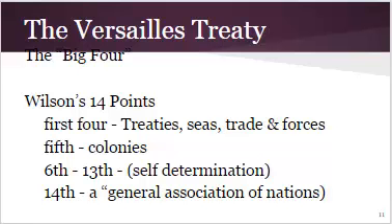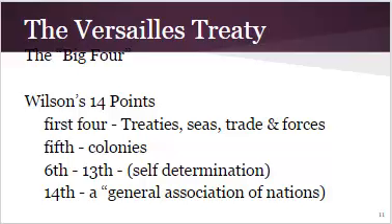So there's a series of treaties that help end the war. There isn't just one. There's several. But the most famous of these treaties is the Versailles Treaty. And the big four that help decide this are Wilson for the U.S., Clemenceau for France, David Lloyd George for Great Britain, and Italy's Vittorio.